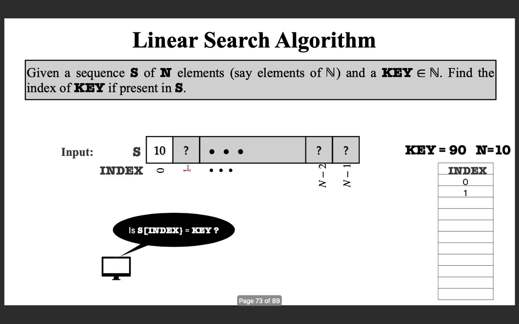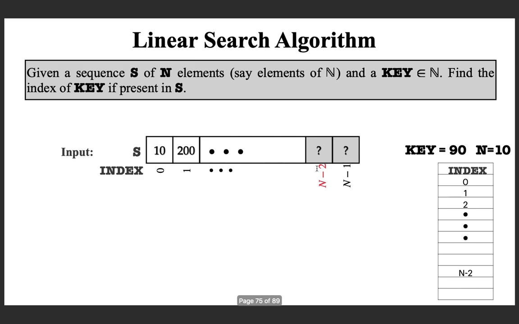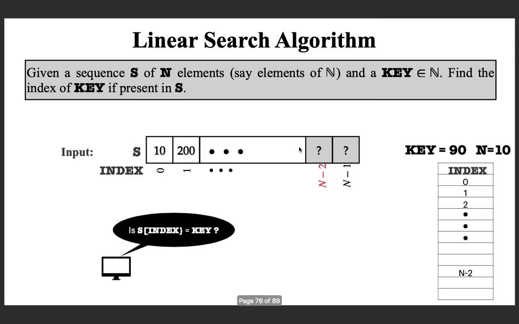Again, you see what is present at that position. In this case, it is 200, which is not 90. So again, you are not getting a match. You proceed to the next element and gradually you will get to this index. Only 2 more elements are remaining. Till now, you assume that you haven't found the key in this part of the sequence. Now you open it and see what is present at this index. You are lucky now.